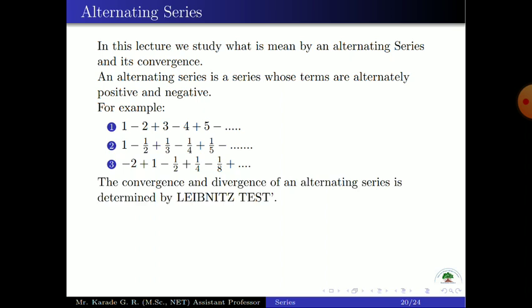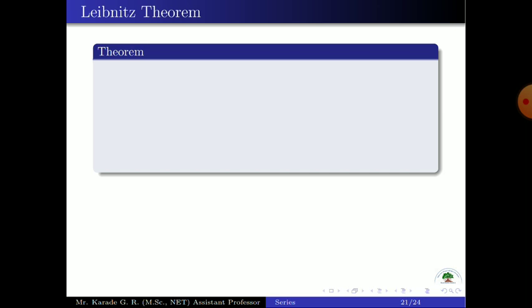The convergence and divergence of an alternating series is determined by Leibniz test. So what is Leibniz theorem or Leibniz test, that we will see here.